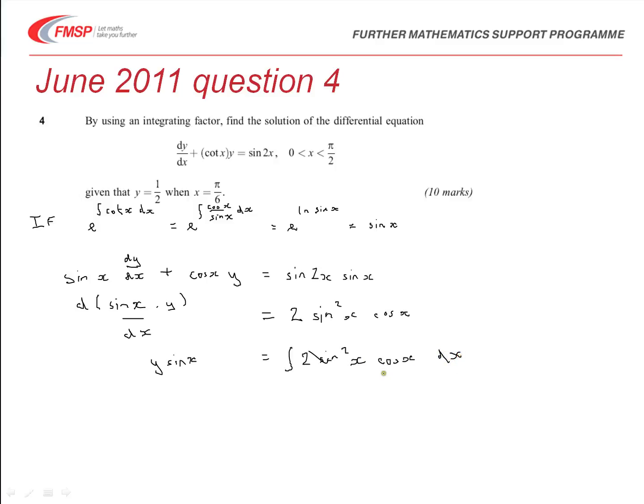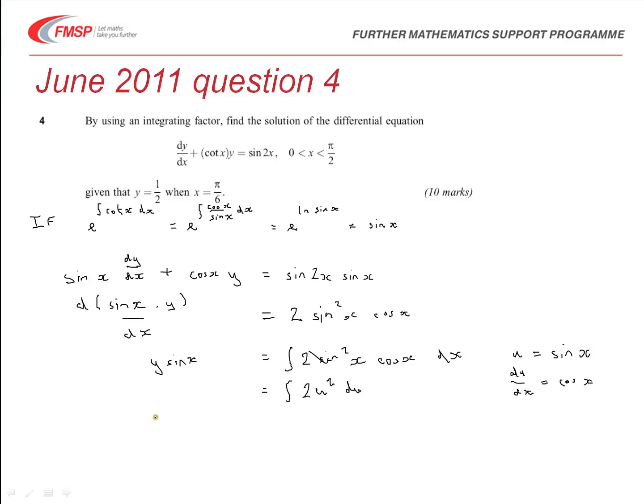Now we can see that the differential of sine is cos x, so if we use a suitable substitution like u equals sine x, then du by dx will equal cos x, and so this right hand side will just become the integral of 2u squared du.